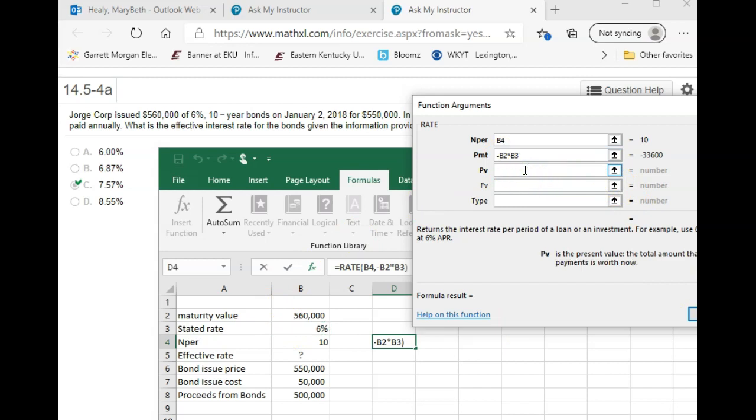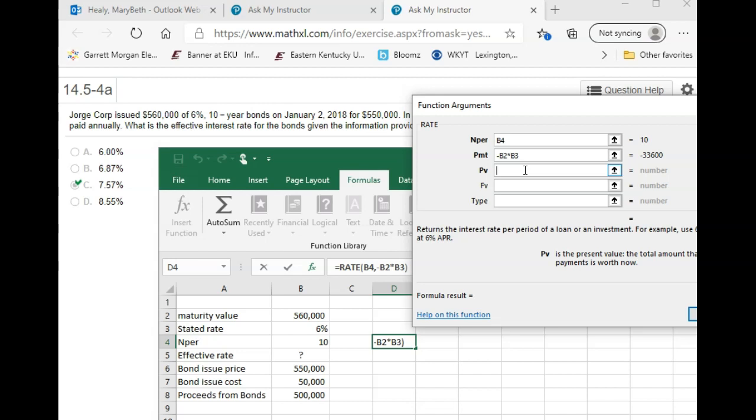The way I look at it, the present value is what's coming into the company, so I'm going to keep that as positive, and the payment and then the maturity value is when the company pays it back out. So cash in, and cash out for the interest and the principal at the end.